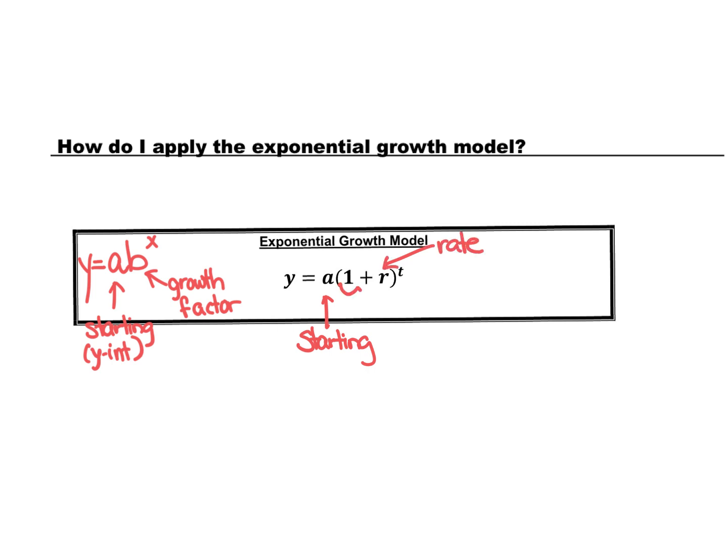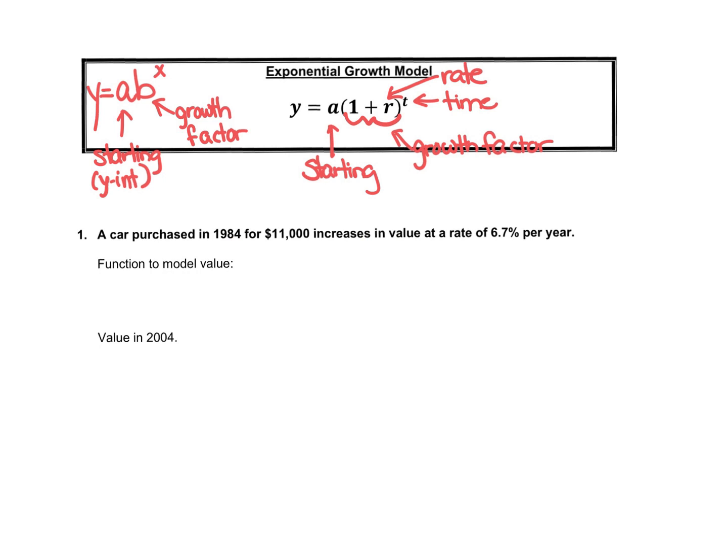And then we have the 1 plus the r, which is the growth factor. So we're separating it a little bit. So this is the growth factor. And then the exponent is going to be time, t.